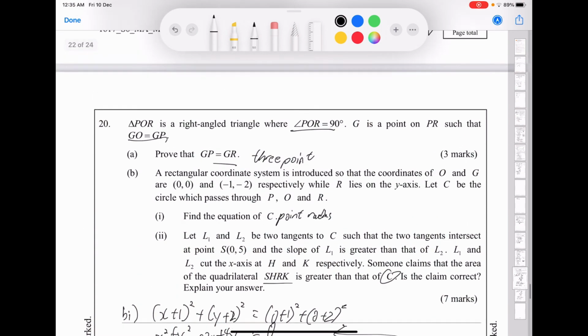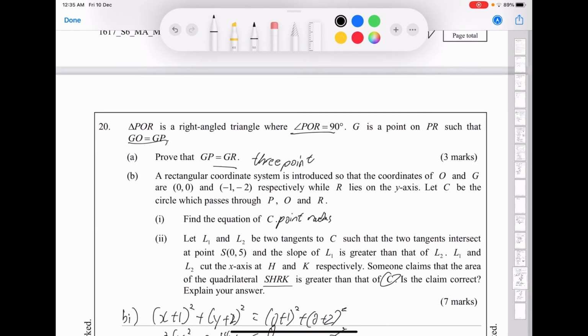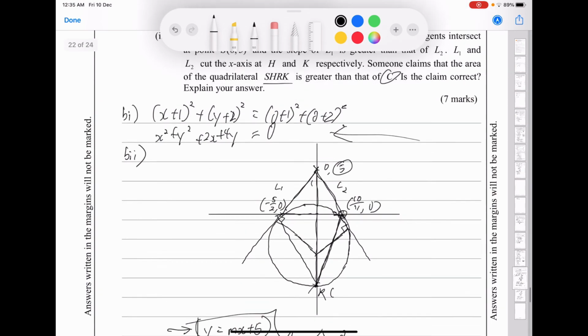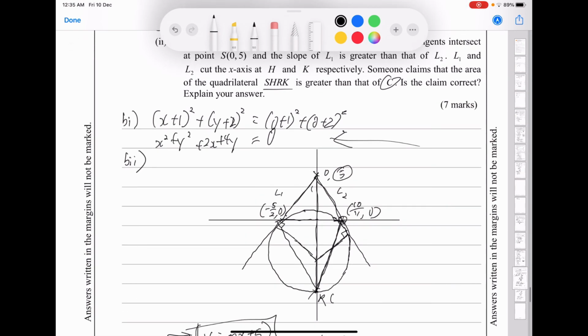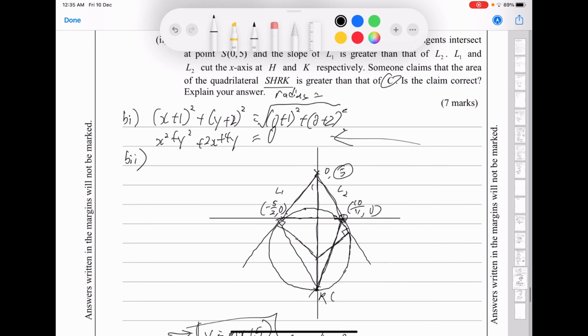How about the area of C? Actually, we have already found it in part B1, where we needed to find the equation. So actually, the radius would be the root of this part right here. So the radius is actually √5.